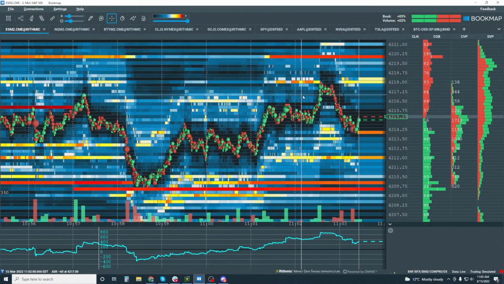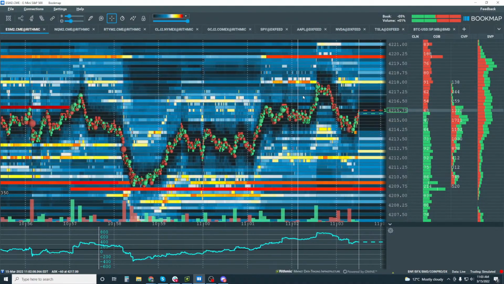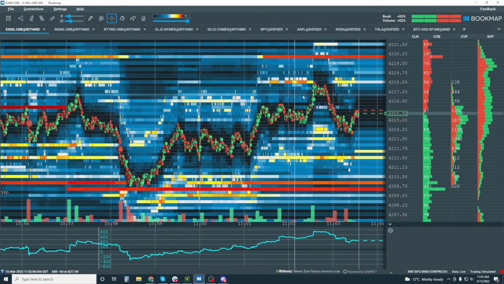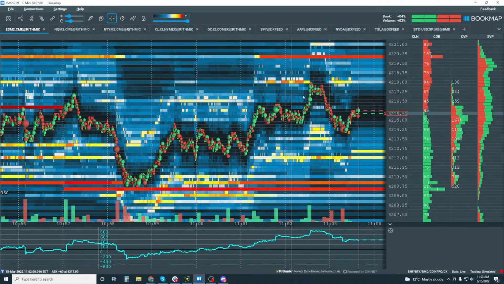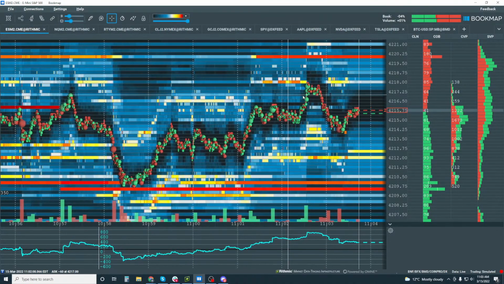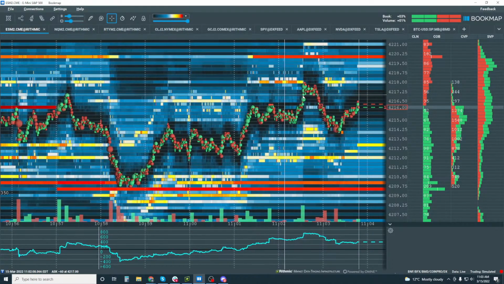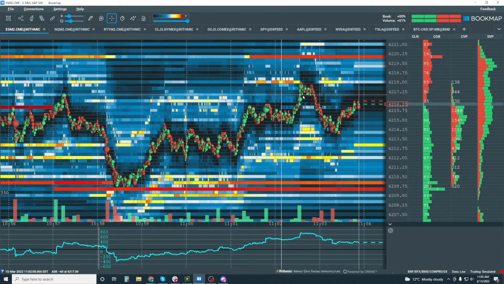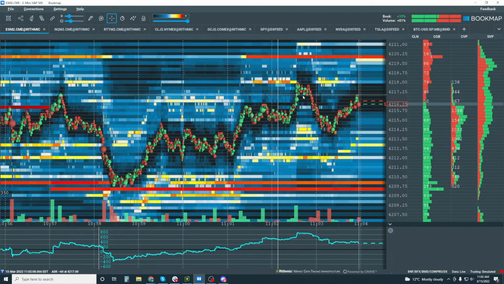Let's see here. Yeah, so basically, Sam, think about liquidity as supply and demand, and think of it this way. You go shopping at the supermarket, and you see that they're bringing in a bunch of potatoes.